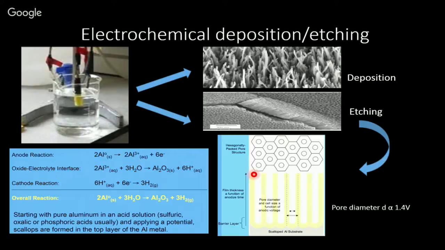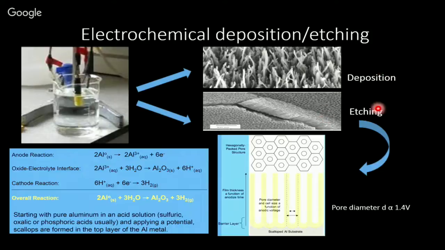So there are two ways you can run the electrochemical processing. One of them is deposition. You start with the electrode and you can deposit things onto it. And the other way is the opposite: you are taking away material from the electrode. That is called etching. So in the case of deposition, you can grow very nice nanowires on the surface of these electrodes.